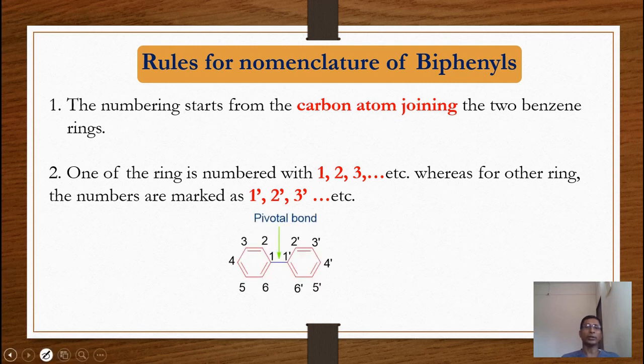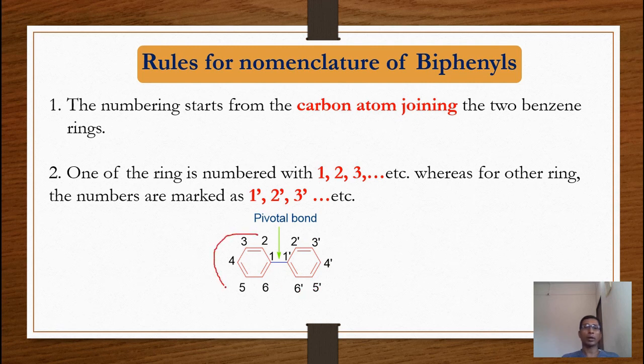Let us see an example. Here, this ring is numbered 1, 2, 3, 4, 5, 6. The other ring is numbered 1 dash, 2 dash, 3 dash, 4 dash, 5 dash, and 6 dash.